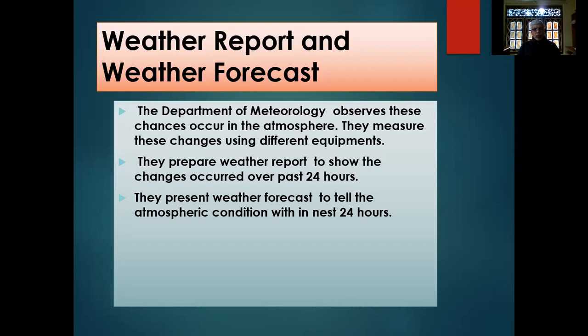Now you know that the weather report has two parts. One part is the weather report, the other part is the weather forecast. Both are prepared by the Department of Meteorology, by meteorologists working there. The Department of Meteorology in Sri Lanka is located in Colombo 7, Bauddhaloka Mawatha.